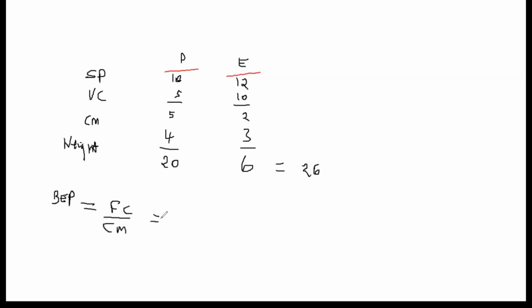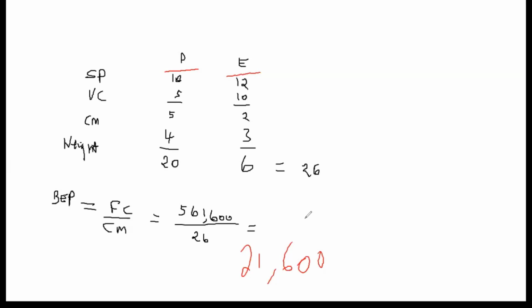So this is equal to 561,600 over 26, which will give us 21,600.